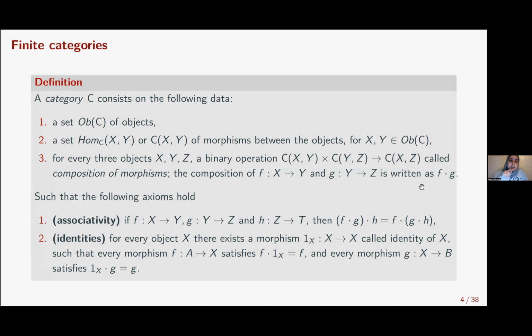And actually the correct multiplication should be g·f and not f·g, but in my work, I use the other direction because it's more practical. And this composition is associative, so it satisfies the associativity property. And there is an identity at each object. So for every object X, there's a 1 of X, such that for every morphism f and g, f times 1 equals f and 1 times g equals g.